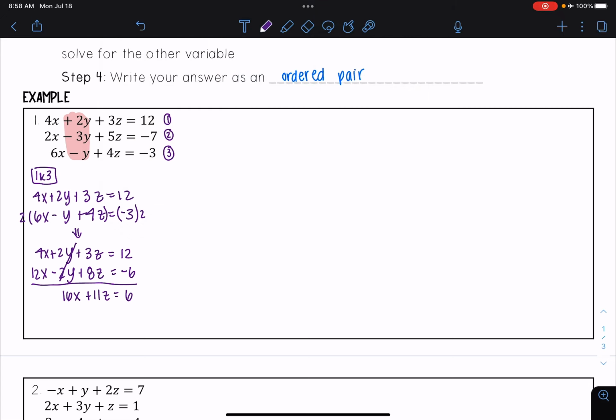Now I'm going to work with equations 2 and 3. I have 2x minus 3y plus 5z equal to negative 7. To eliminate y in this case, I can multiply the bottom equation by a negative 3, so that I end up with a positive 3y in the bottom equation.